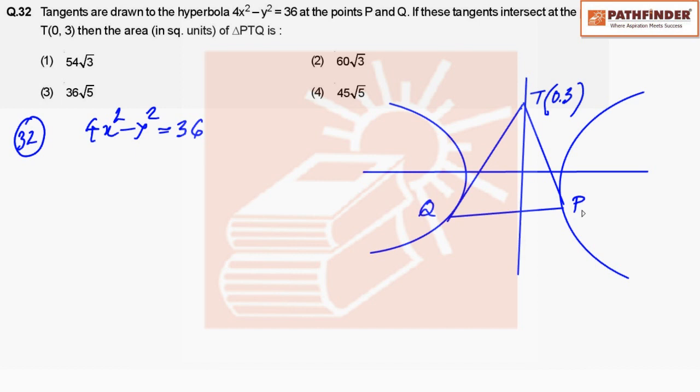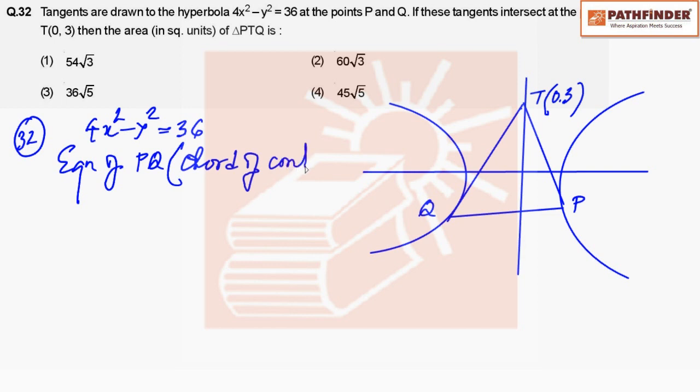Now this is the equation of the hyperbola and tangents are drawn from the point (0, 3). So we can find the equation of the chord of contact PQ. The equation of PQ, the chord of contact, is 4x into 0 minus y into 3 equal to 36.